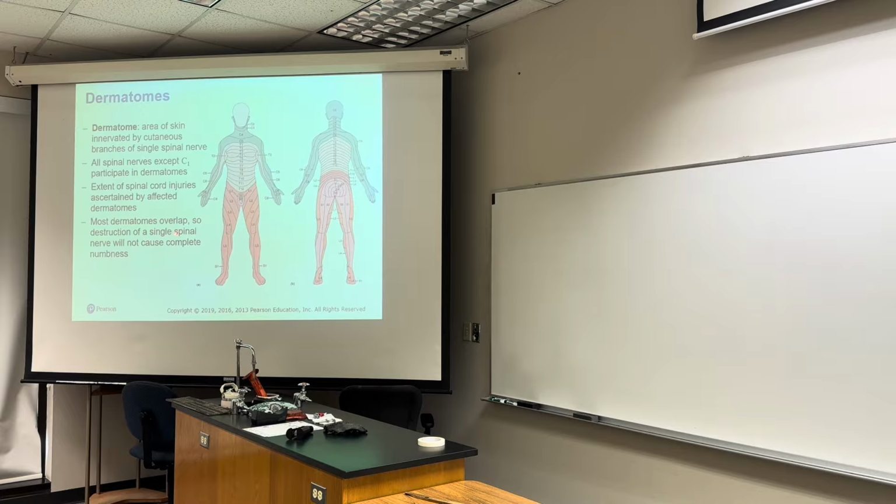Most dermatomes overlap, so destruction of a single spinal nerve will not cause complete numbness. Which is very good news for you. It's almost like your nerve plexuses. Due to the presence of the nerve plexuses, if any nerve is damaged from that plexus, you will still be getting the information from that specific part of the body, right?